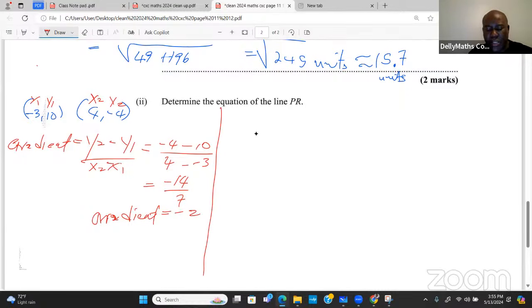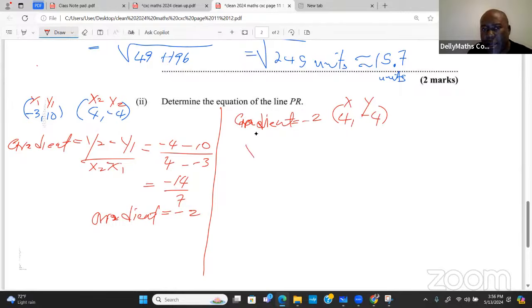So I have my gradient. So what I'm going to do now is to take the gradient and a point. So if I have my gradient, which is -2, and I have a point, I could use any point. I might just use 4, -4. Remember that this is x and this is y. All I want to do is to find my y-intercept.